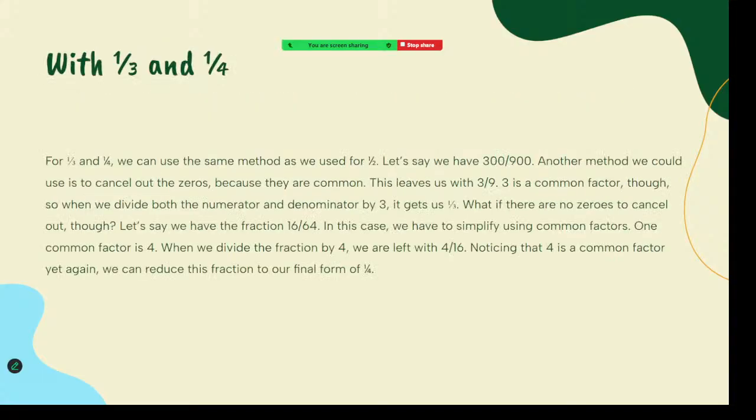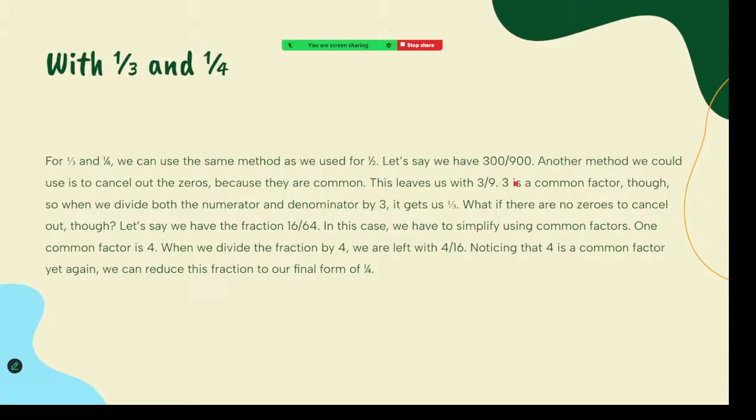So what about 1/3 and 1/4, the second and third most common fractions? For 1/3 and 1/4, we can use another method that is a bit similar to the one we use for 1/2. Let's say we have 300 over 900. The next method we could use is to cancel out the zeros. When you have 300 and 900, one thing they have in common is that they both have two zeros.